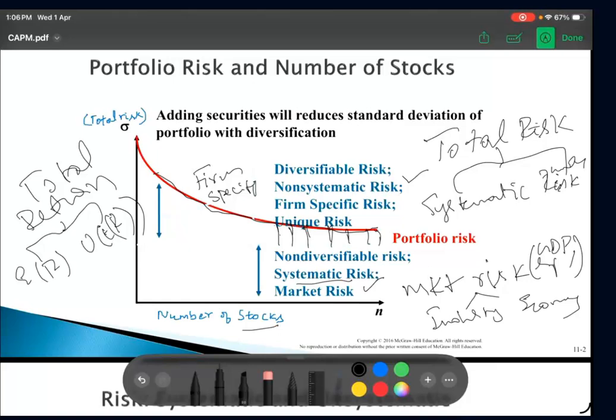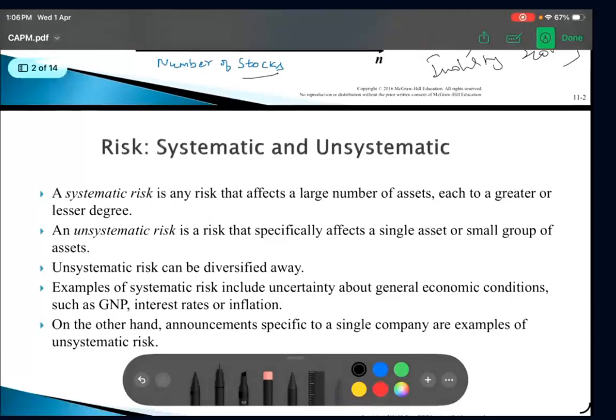Of course, if you continue to do that, this curve will go up again, so it has an optimum point. You need to pick assets which are negatively correlated, and this firm specific risk can be minimized. But the market risk cannot be minimized because it is uncontrollable in nature.